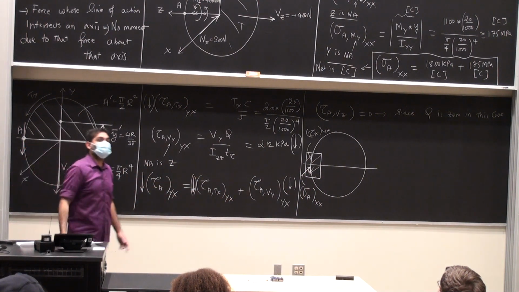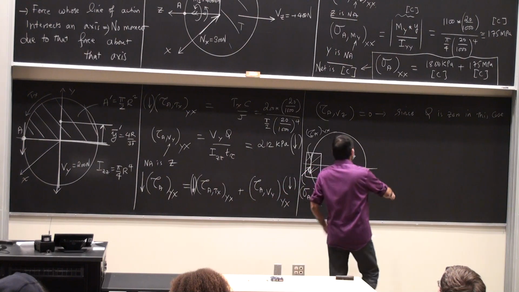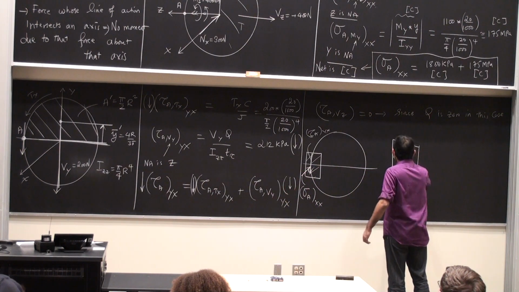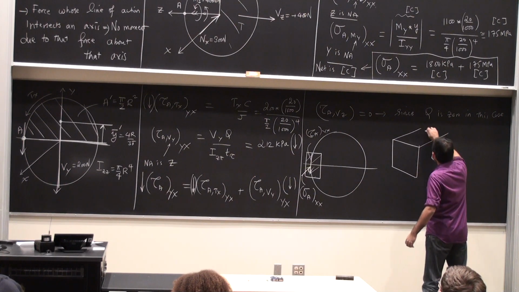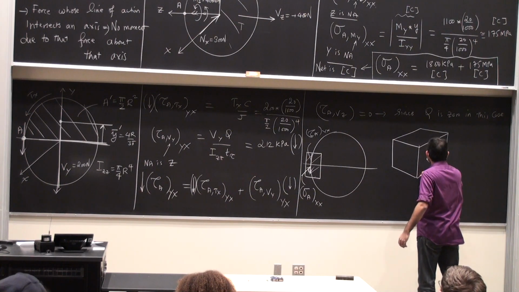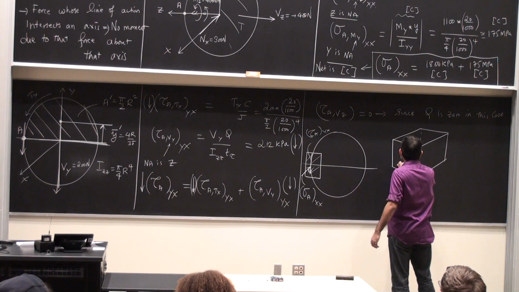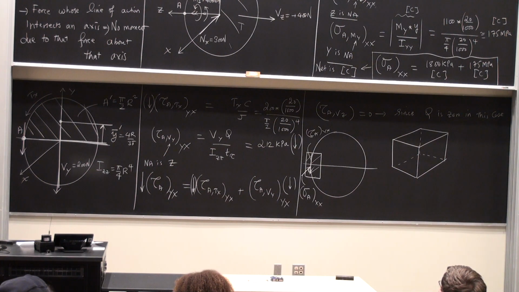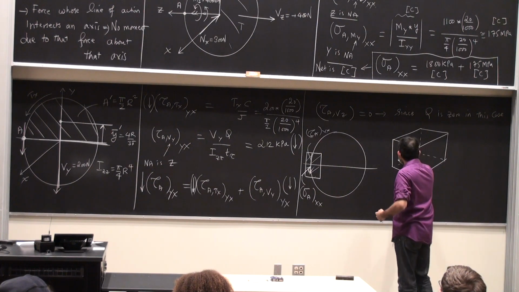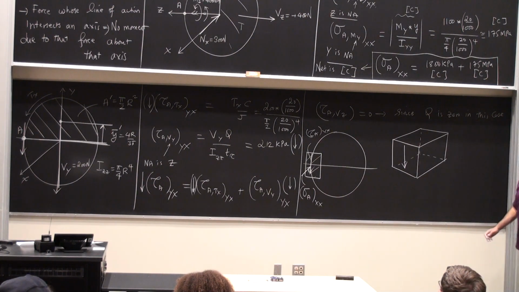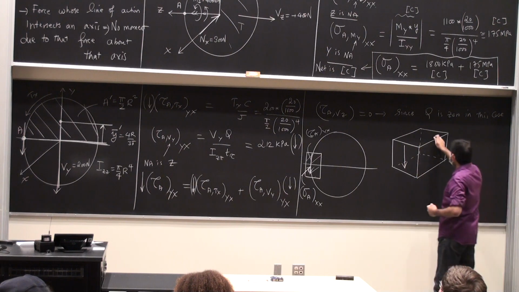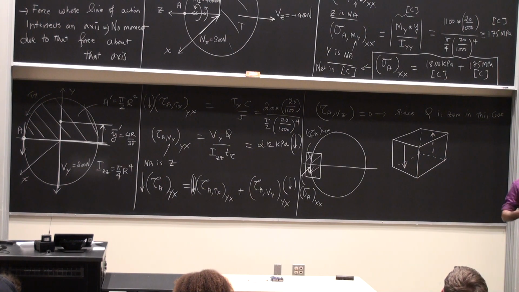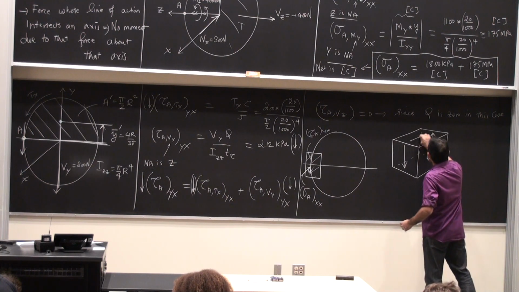Take that area element and draw it as a volume element. On the face that I see, shear stress pointing vertically down, which means on the back face, equal and opposite. On the top and the bottom faces, I'm going to have a couple moment, cancelling the effect of this rotation.